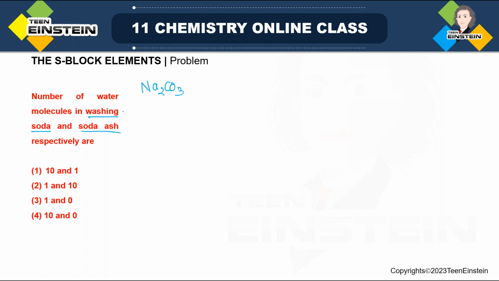But when we call it washing soda, it should have 10 water molecules. But when we call it soda ash, it is basically simply with no water molecules. There is no water molecule. So it should be 10 and 0 respectively. For washing soda it is 10, for this it is 0. So the last option is the correct option.